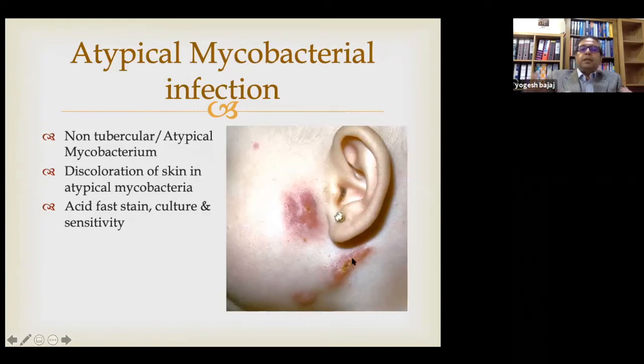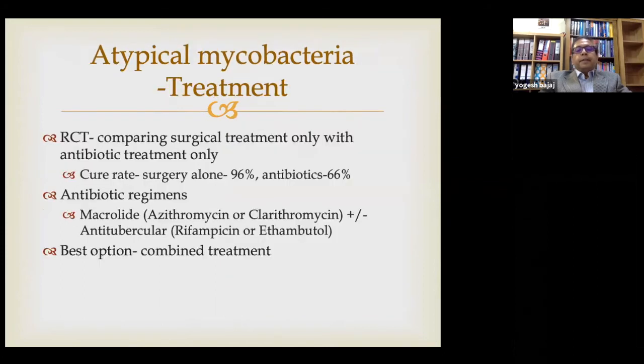So this is your classical appearance, and it's a spot diagnosis in an otherwise well child of an atypical mycobacterial infection. And generally, by the time you get called to see them, the pediatricians would have done all their investigations. They've sent swabs, cultures, and they're getting nowhere, and hence you get called. So this is a spot diagnosis which you should be aware of.